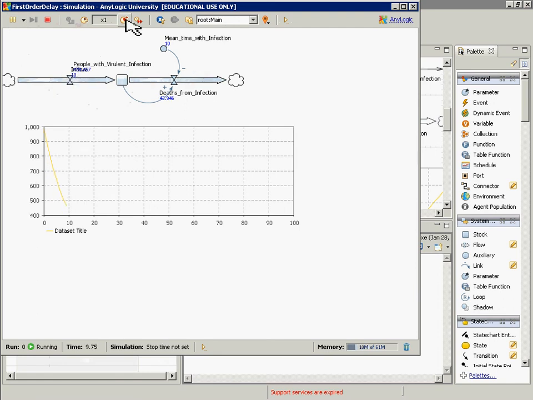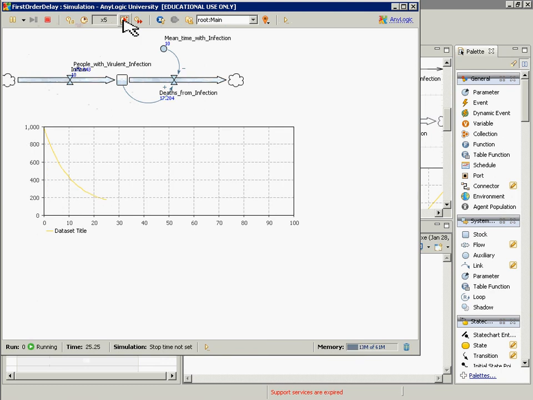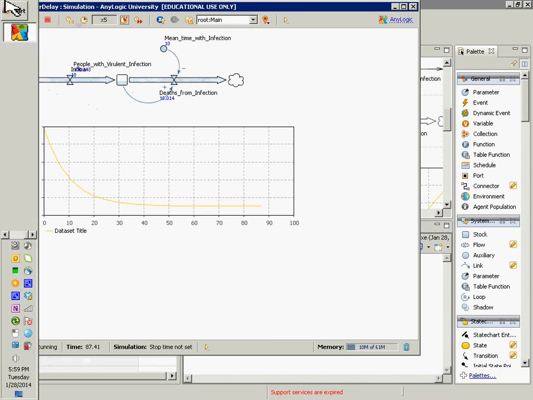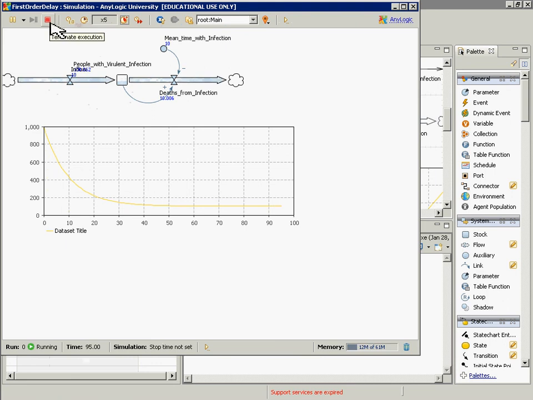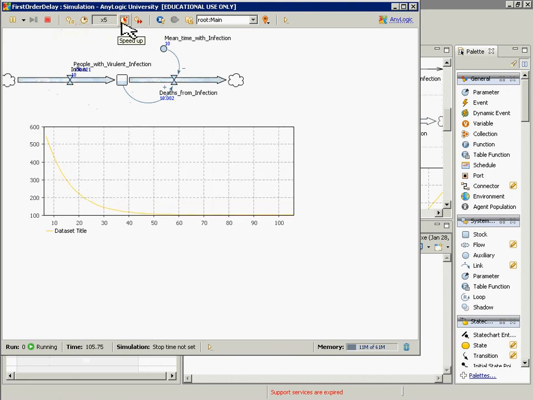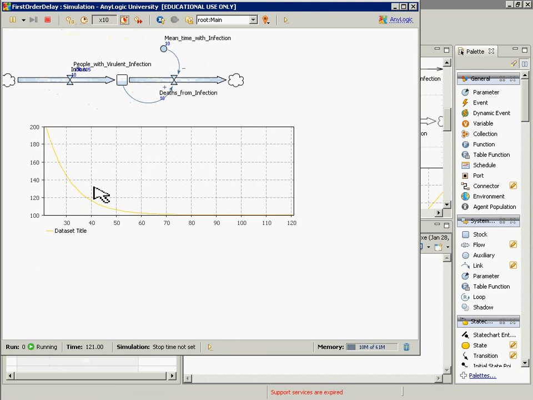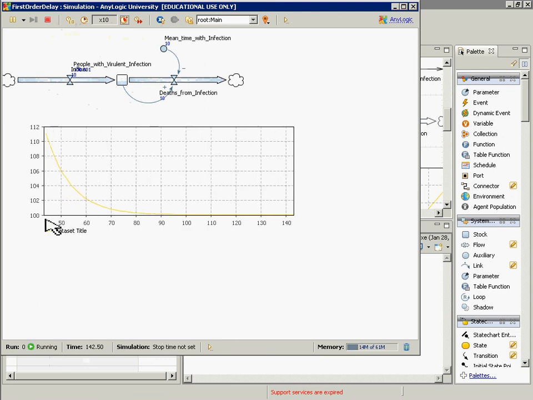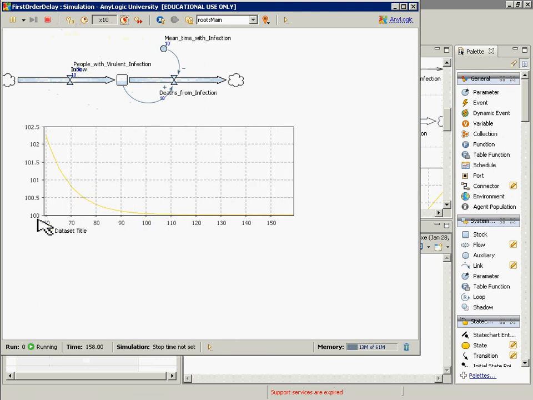Okay, ladies and gentlemen, let's suppose we started that stock empty. We start with an initial value of 0 in the stock. What will happen then? Near to what it was. Okay, so if we start the value of the stock at 0, what would the equilibrium value be then? 100.